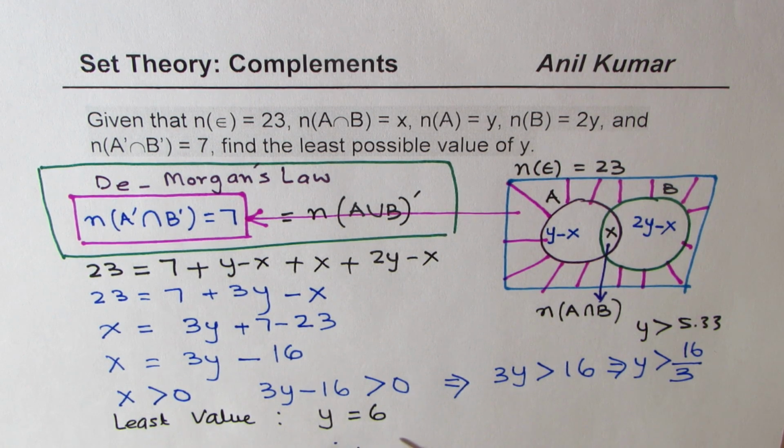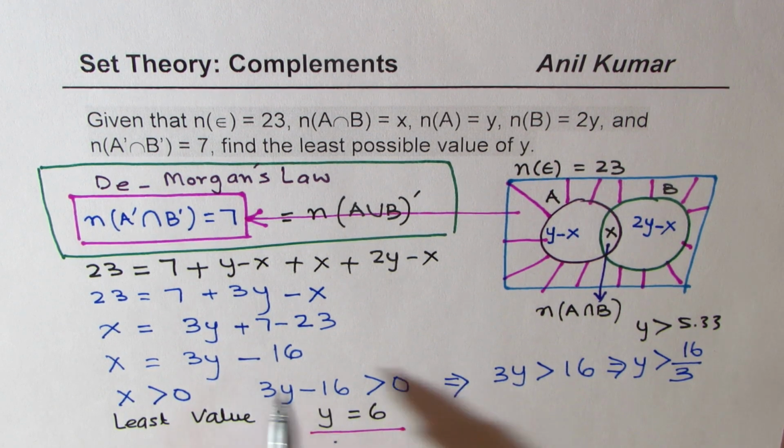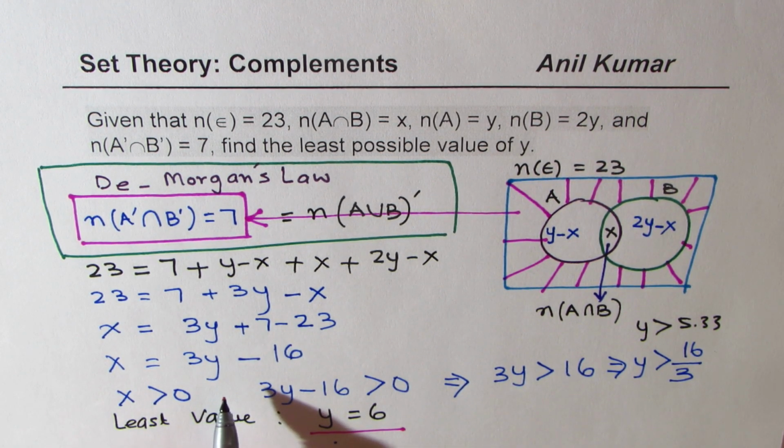That becomes the least possible value of Y. Do you get the idea? Correct? So that is how you could easily solve this question.